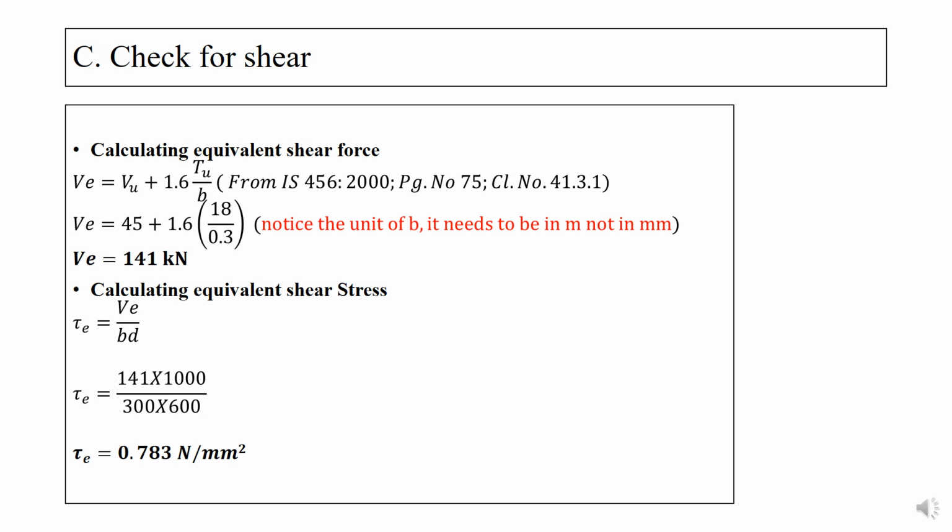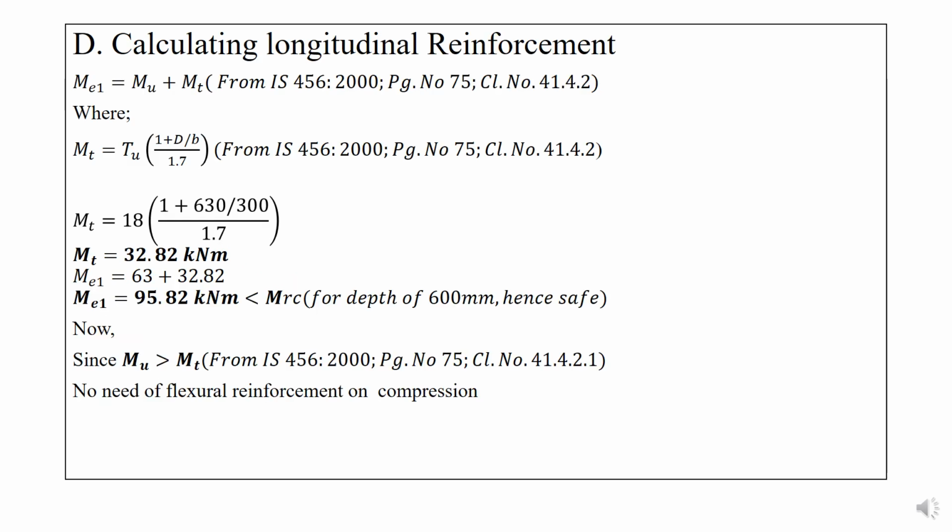Now, let's calculate longitudinal reinforcement. Longitudinal reinforcement is given on page number 75 in clause number 41.4.2, where ME1 is equal to MU plus MT, where MT is again a function of TU, which is TU (1 plus D by B) upon 1.7.